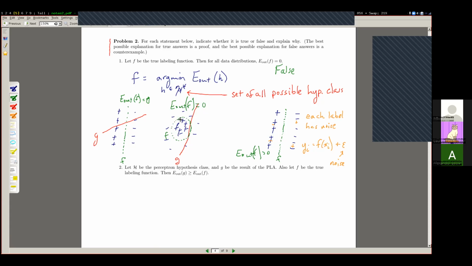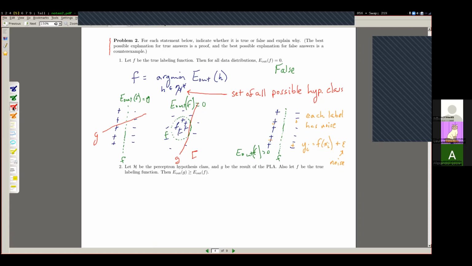In this case, the decision boundary is a circle. And if we were limited to the perceptron hypothesis class, which can only draw straight lines, the perceptron hypothesis class must have some E out bigger than 0. So here, in this case, E out of G is guaranteed to be greater than 0, no matter what algorithm I use for G.